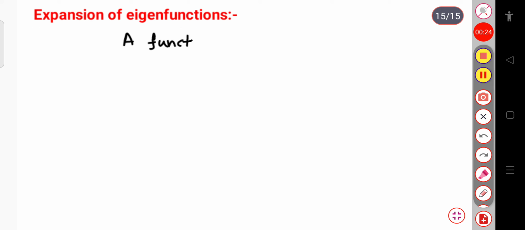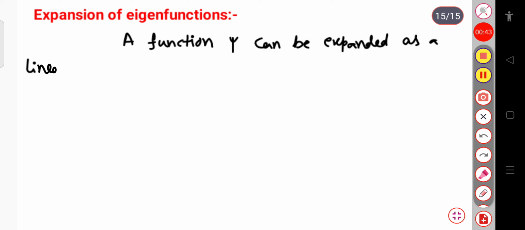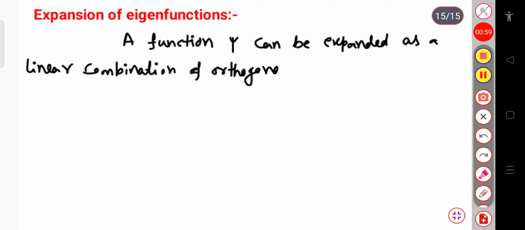Suppose we consider a function psi that can be expanded as a linear combination of orthogonal and normalized eigenfunctions.